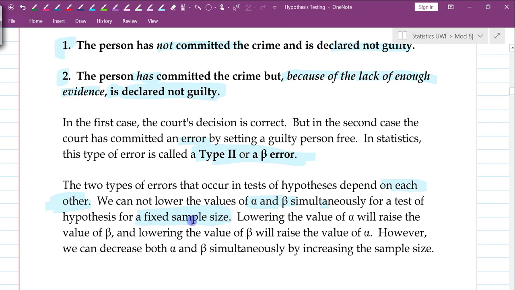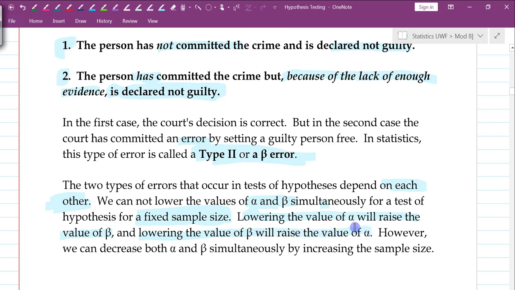We cannot change alpha without affecting beta. It just cannot happen. Lowering the value of alpha will raise the value of beta, guaranteed. And lowering the value of beta will raise the value of alpha. Again, this is for the fixed sample size, but if you try to lower alpha, you're going to raise beta. And if you lower beta, you're going to raise alpha.